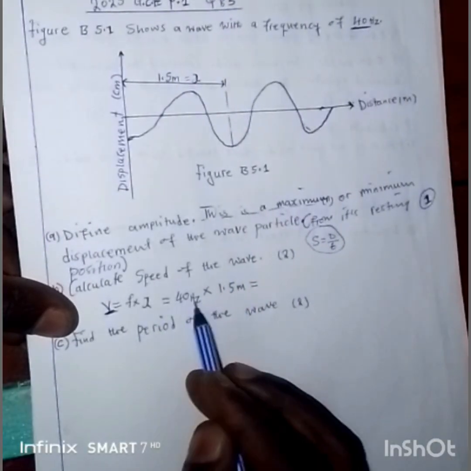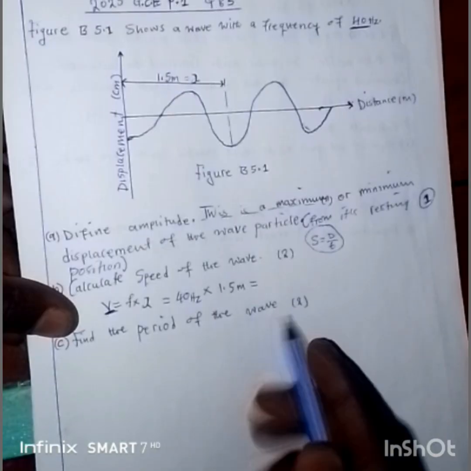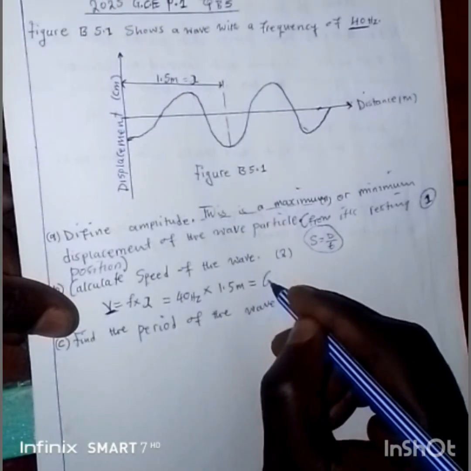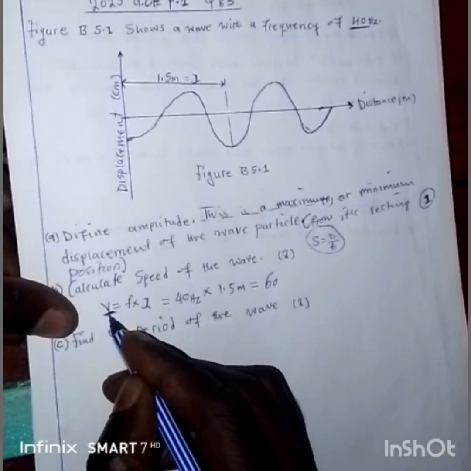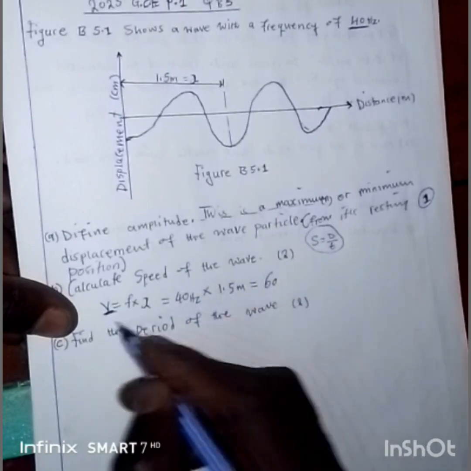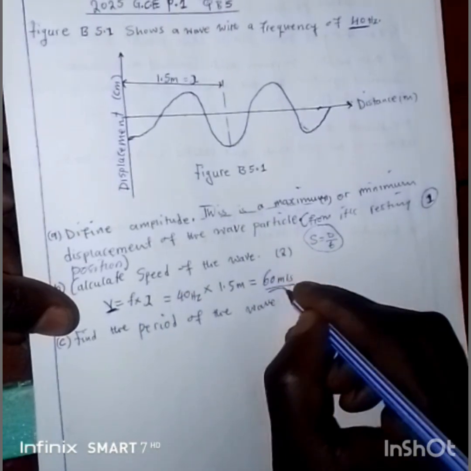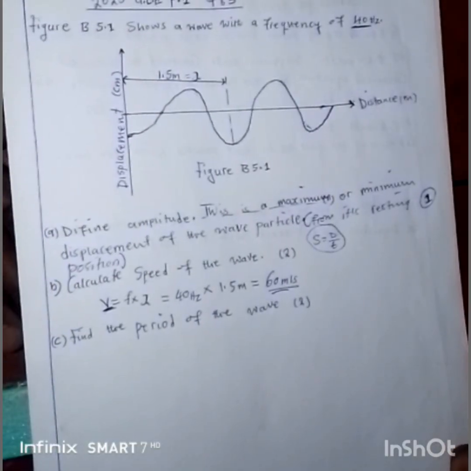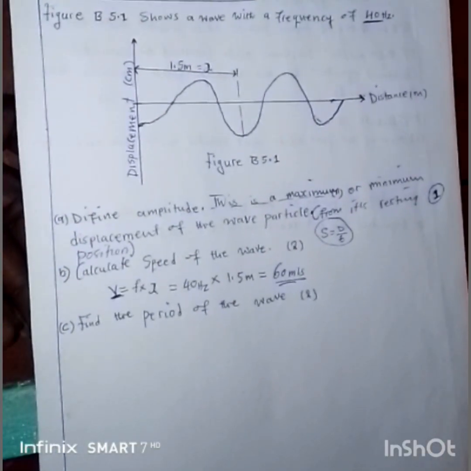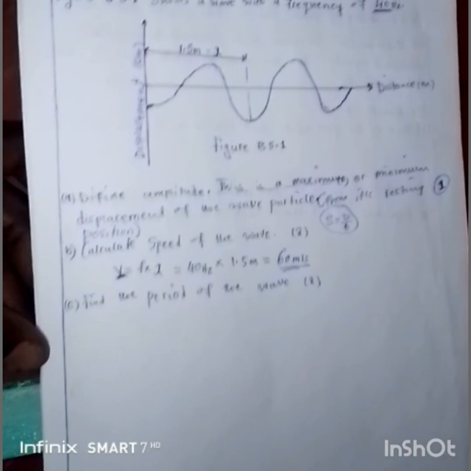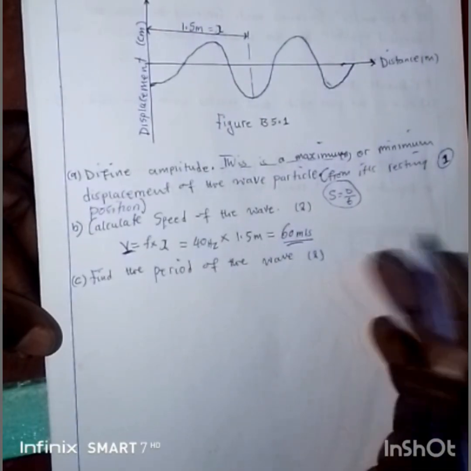When you multiply the two, 40 times 1.5, that gives you 60. And this velocity has the same unit as speed, which is meters per second. That is the answer which you were supposed to put there. Then don't forget about units.